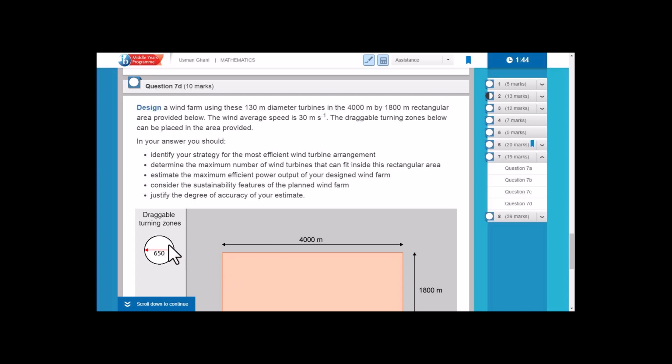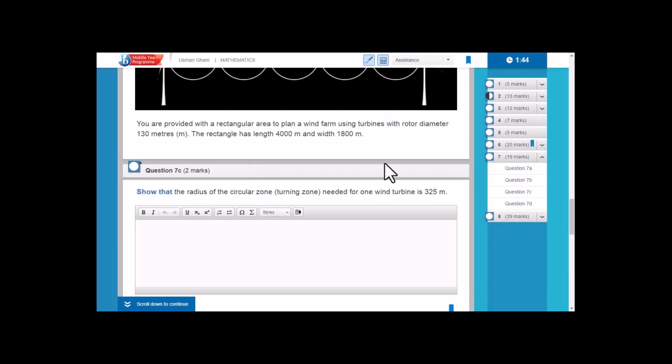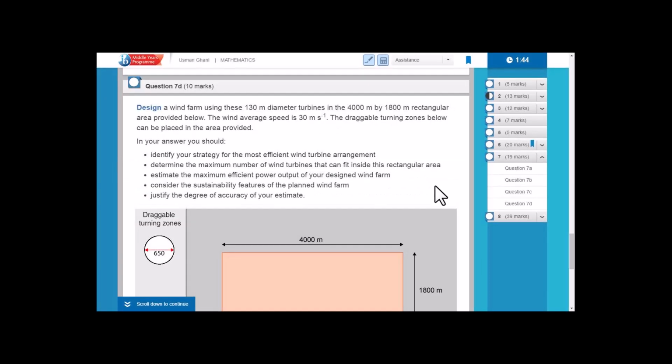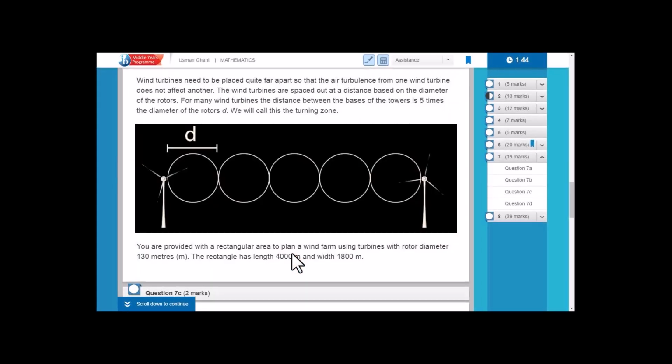We know that the turning zones, or basically the wind turbines, are going to be over here. The gaps between every wind turbine need to be left in a way that they don't violate any of the conditions previously mentioned, making sure that between every two wind turbines I leave a gap of 650.